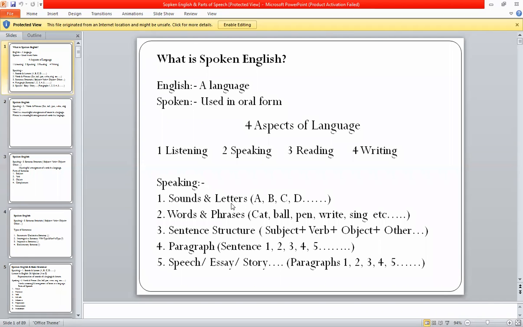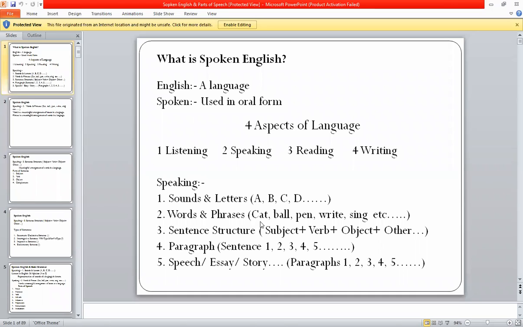So English has its different sounds, and English has its different vowels and consonants also. I have discussed consonants and vowels. Then the larger unit than a letter is called a word. So words are made up of letters. For example, CAT, cat.